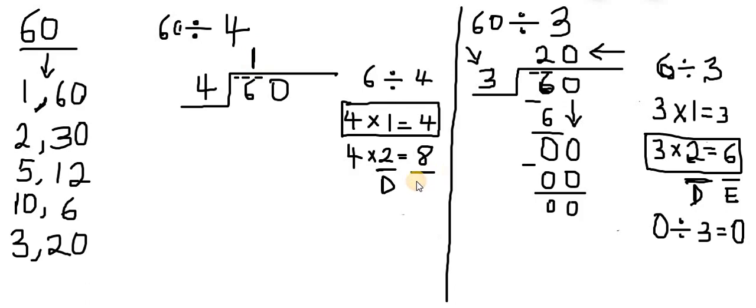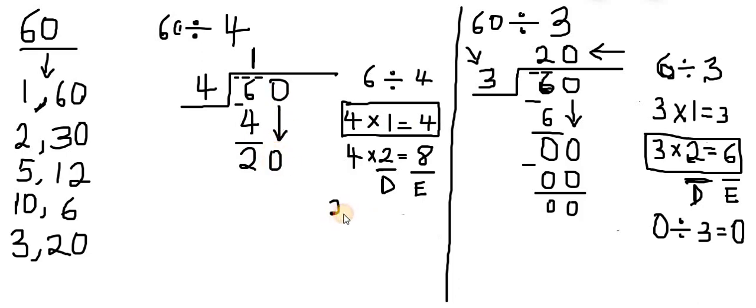And to check for remainders, we pick the answer from column E on that line. So that's 4. And we subtract. So that's 2. Okay. To continue, we bring the remaining 0 down.